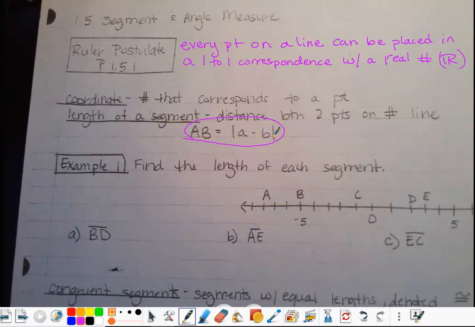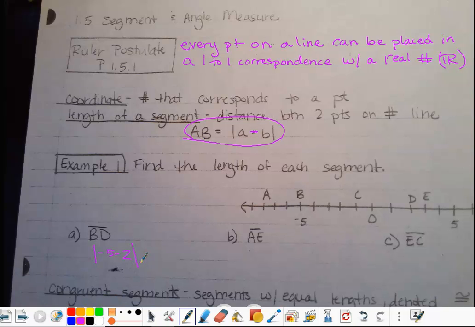All right, so let's look at example 1. Find the length of each segment. We want to find the length of segment BD. So we're going to use that formula. What is B? -5. And it says minus, in our formula, the absolute value, minus, what's the coordinate of D? 2.